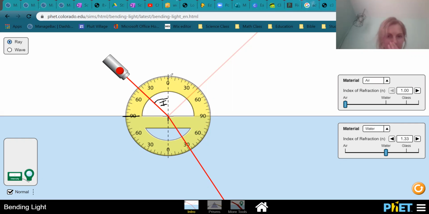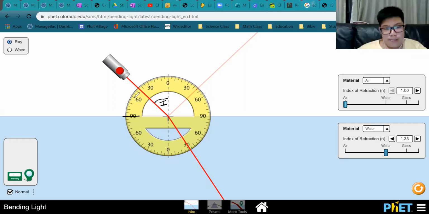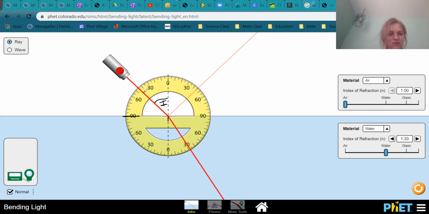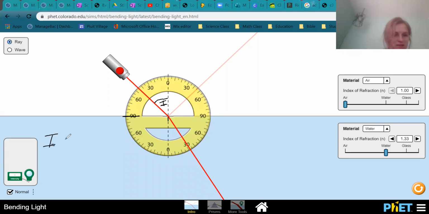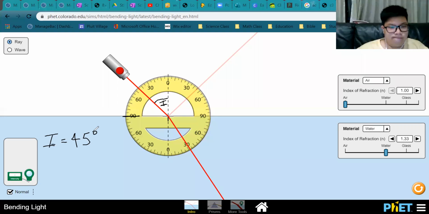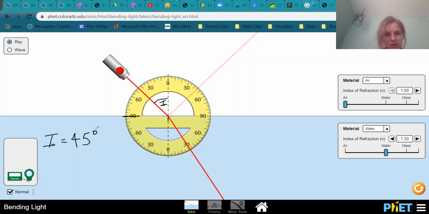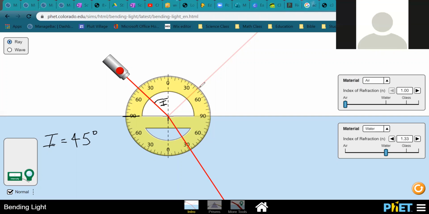It's more than 30, less than 60, right in between those, so it's 45 degrees. The angle of incidence is 45. And if that's true, your angle of reflection should also be 45 degrees.